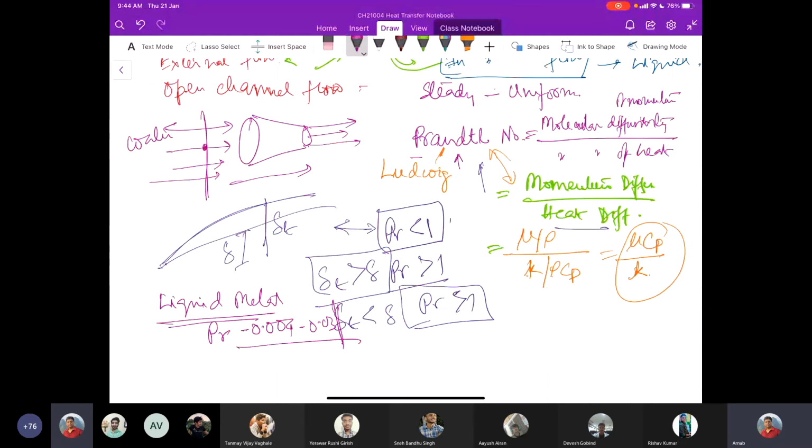On the other hand, there are oils, and there are different types of oil, and that is why there is a wide range of Prandtl number variation from 50 to 100,000. Or glycerin, where the value is nearly in the range of 2,000 to 100,000.